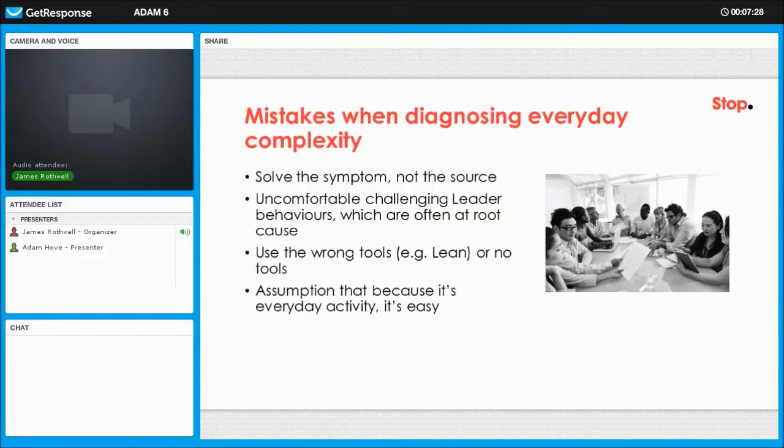And then the final one is one that we see very, very often, which is because everyday complexity is something we can all relate to, we all suffer from. Many of us actually create it for ourselves and the people that work in our organizations. We therefore think that it's really easy. And the reality is it's not. It's very, very difficult to change because it's so prevalent.